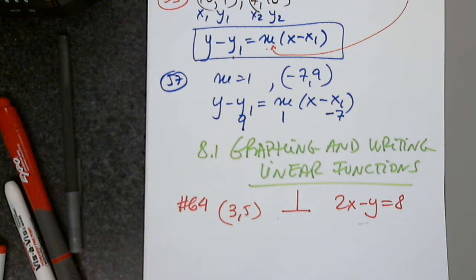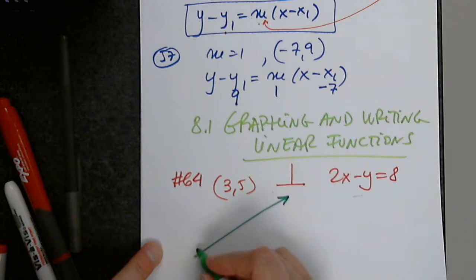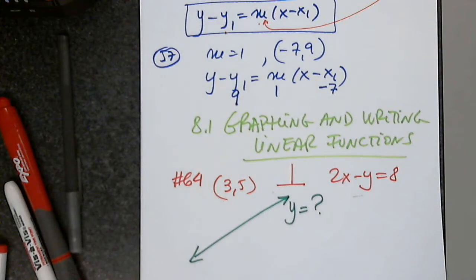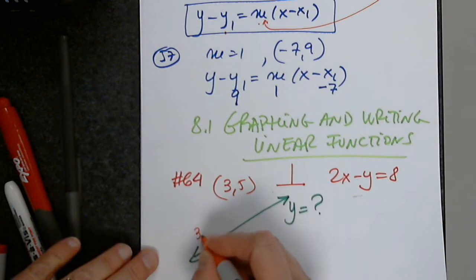So we are asked to determine the equation of a line, and we are given two pieces of information. We are told that the line passes through the point (3, 5). So this is the line that I don't have. I'm looking for the equation of this line. But I know two things about this line. First, that somewhere I have (3, 5).